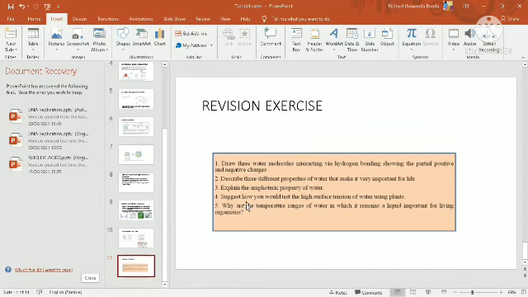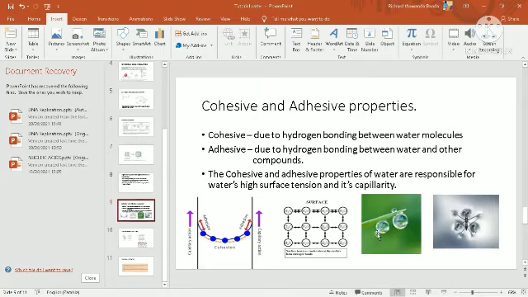Question 4 says, suggest how you test the high surface tension of water using plants. This is what we're explaining with the water bubble. The water bubble is the dewdrops that form on leaves of plants.